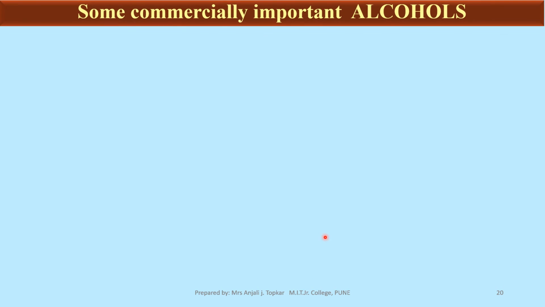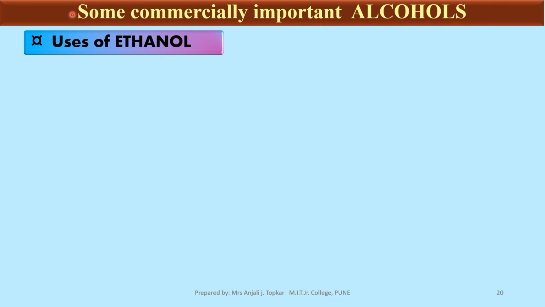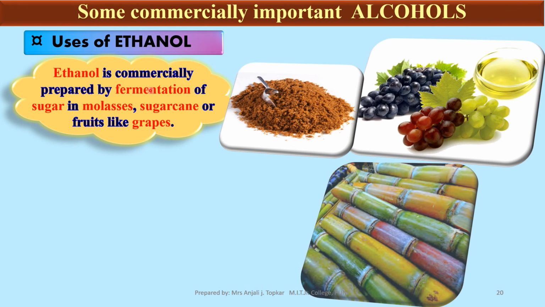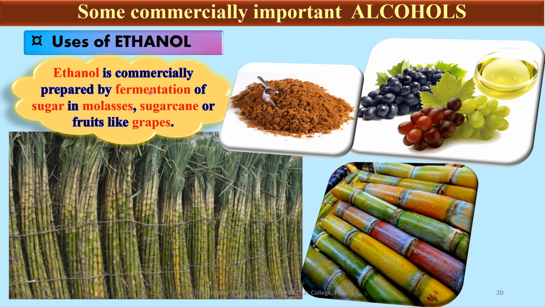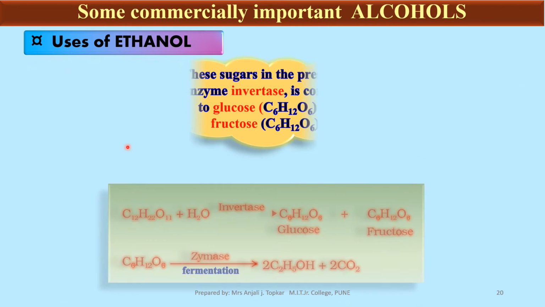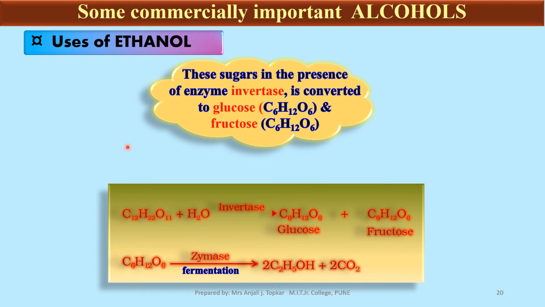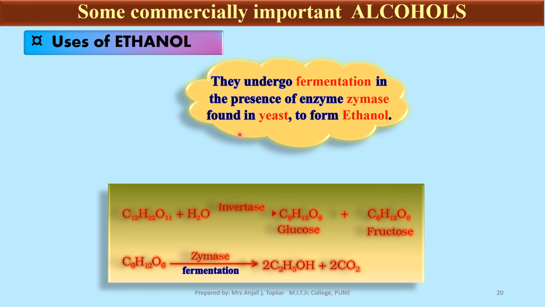Talk about some uses of ethanol. Ethanol is commercially prepared by fermentation of sugar in molasses, sugarcane, or fruits like grapes. These sugars, in the presence of enzyme invertase, are converted to glucose and fructose, which undergo fermentation in the presence of enzyme zymase found in yeast to form ethanol.